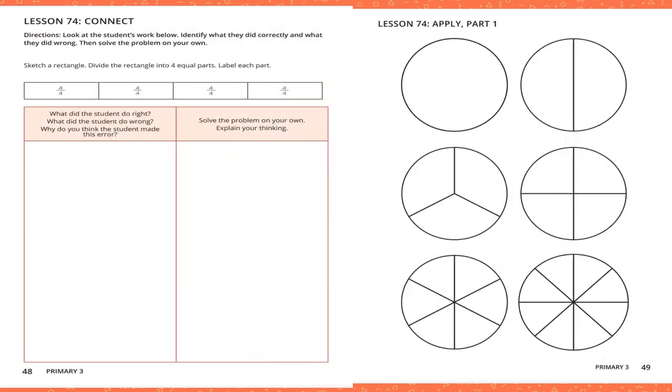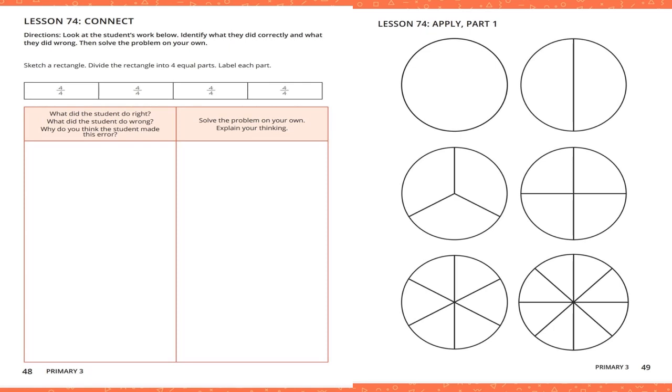Now let's start with lesson 74, the connect part. Here we have an error in solving this problem. The problem was: sketch a rectangle, divide the rectangle into 4 equal parts and label each part. He wants me to divide this rectangle into 4 equal parts, and it's right. The student did it correctly.